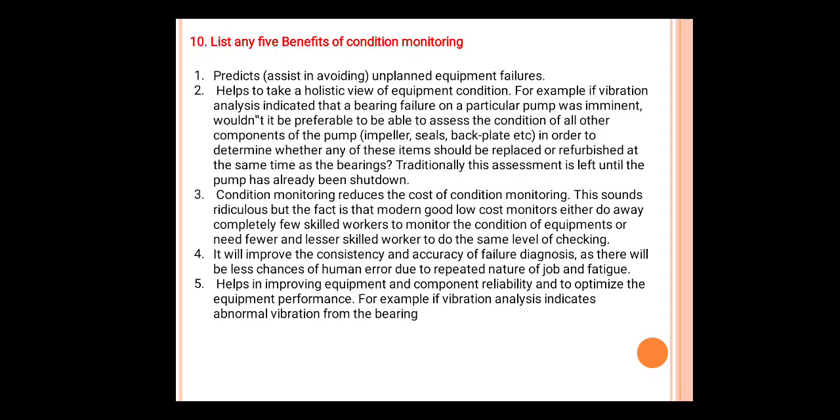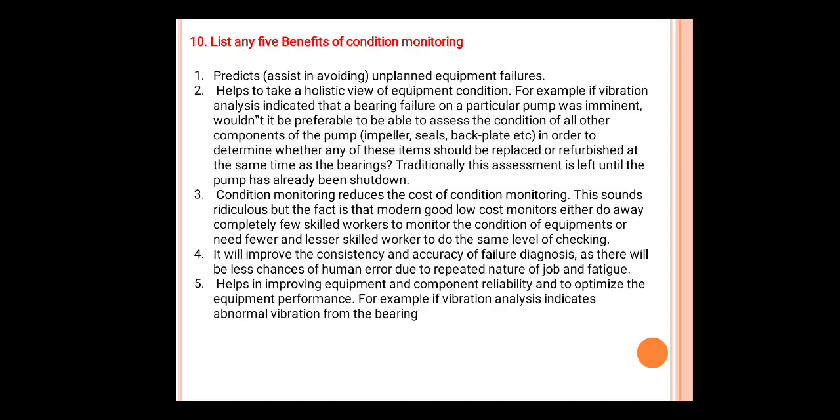Third, condition monitoring reduces the cost of condition monitoring. This sounds ridiculous, but the fact is that modern good low cost monitors either do away completely with skilled workers to monitor the condition of equipment, or need fewer and less skilled workers to do the same level of checking.